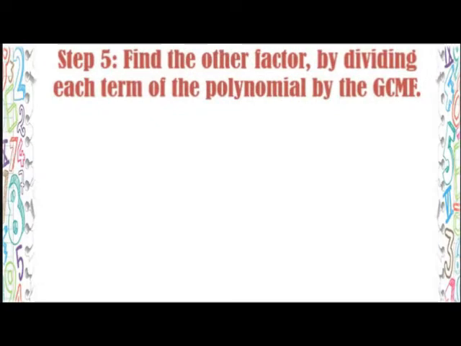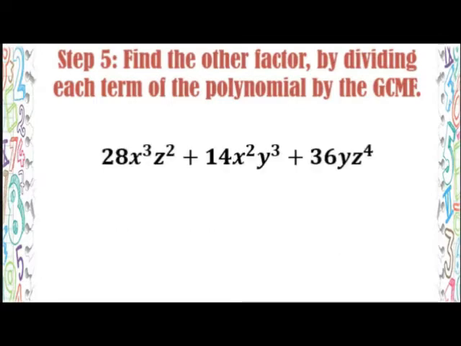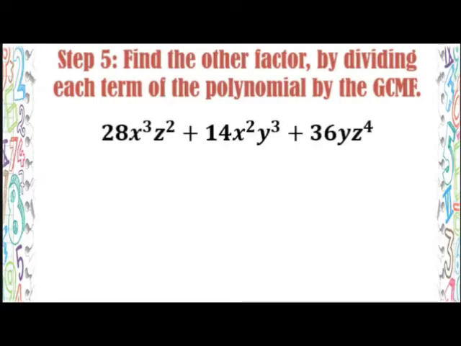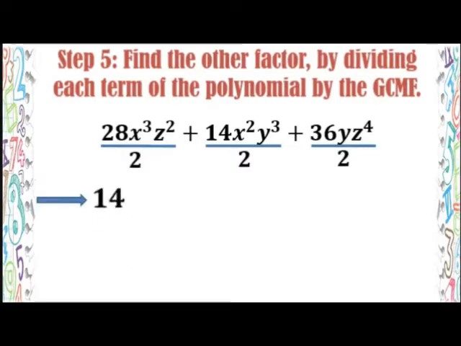Step 5. Find the other factor by dividing each term of the polynomial by the GCMF. So from the given, we have 28x cubed z squared plus 14x squared y cubed plus 36yz raised to 4. We will divide each term by the GCMF, which is 2. So we have 28 divided by 2 is 14.